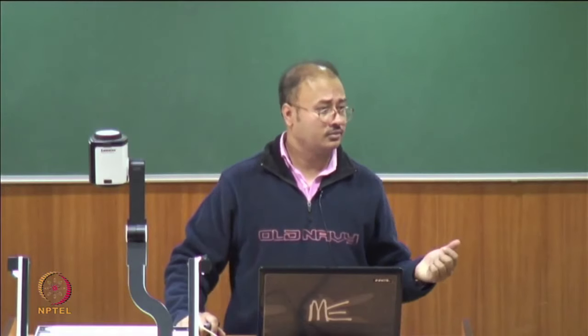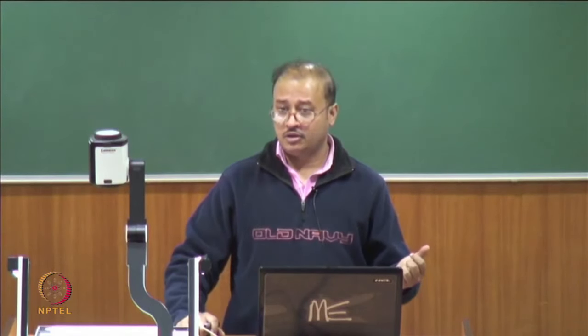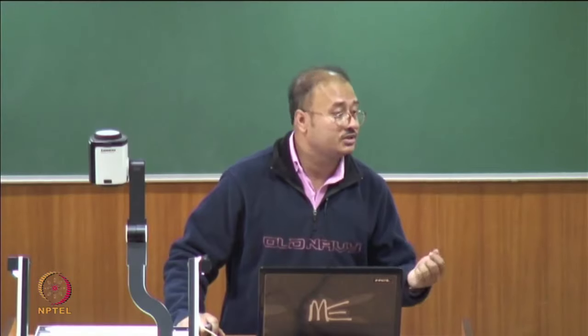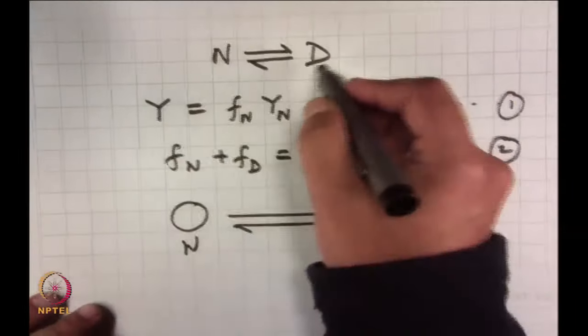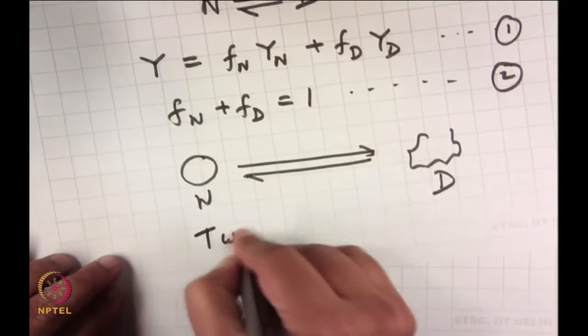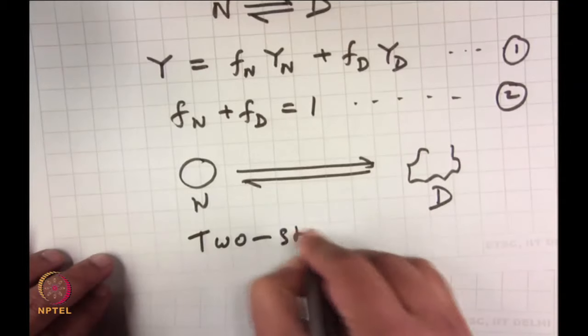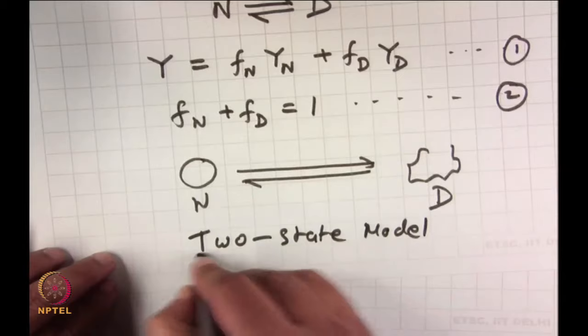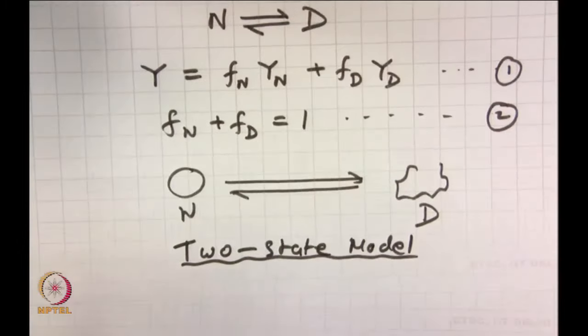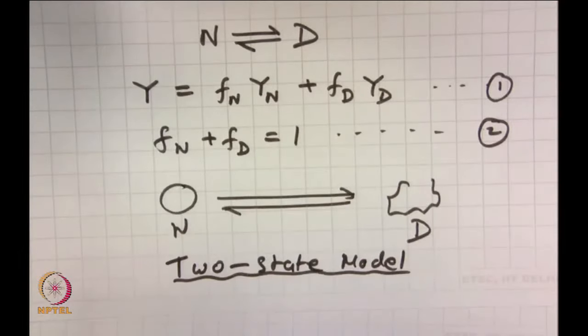I can have, but this is the simplest way I can represent a transition. So, this N to D is often referred to as a 2 state model.